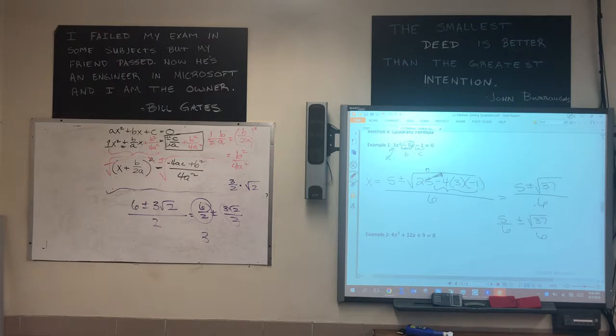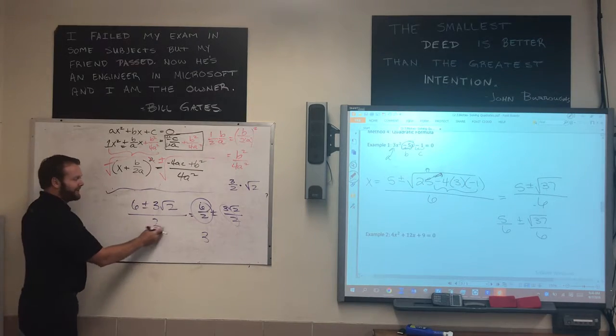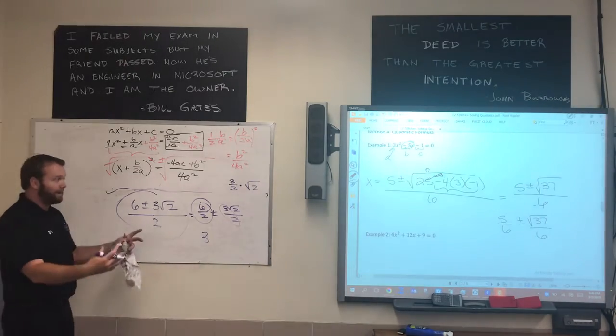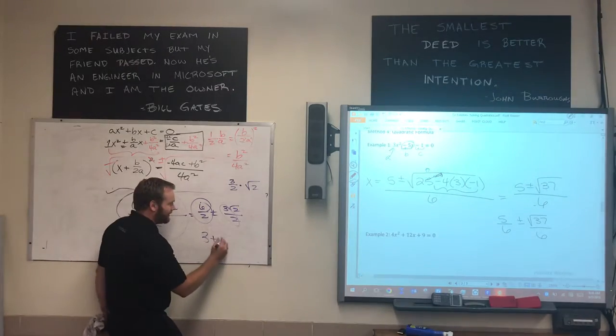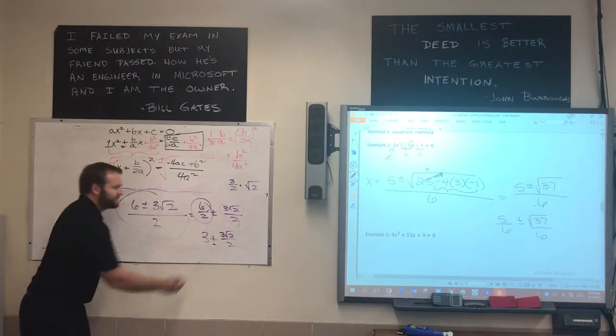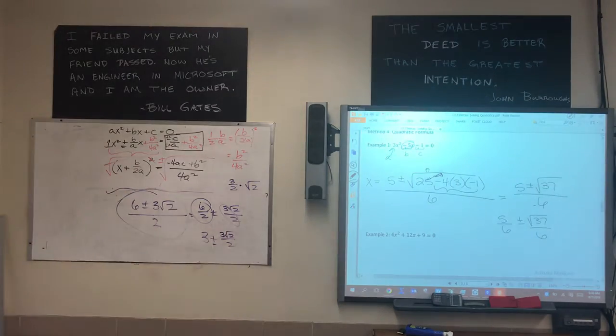And we know 3 halves doesn't simplify. Okay? So, if I want to leave it as one fraction like this, I can't simplify that any further. If I'm willing to separate, then I can separate it, and I can write it that way, plus or minus. Okay? But I can't just cancel the 2 and the 6 because of that sum.